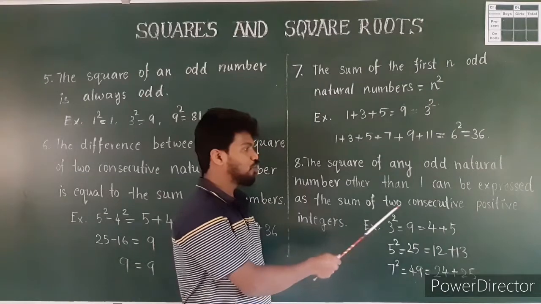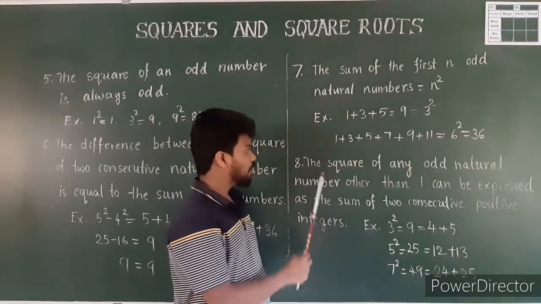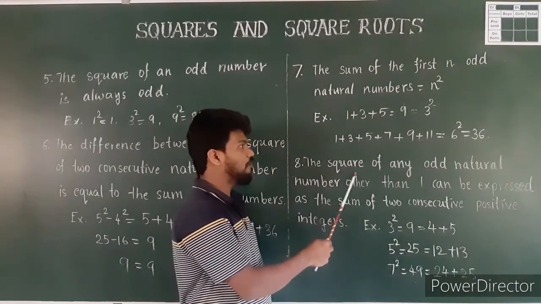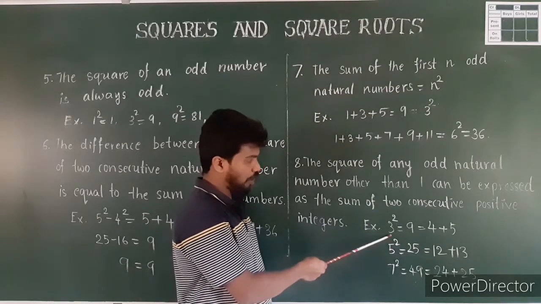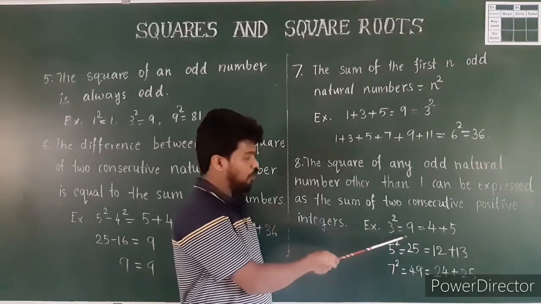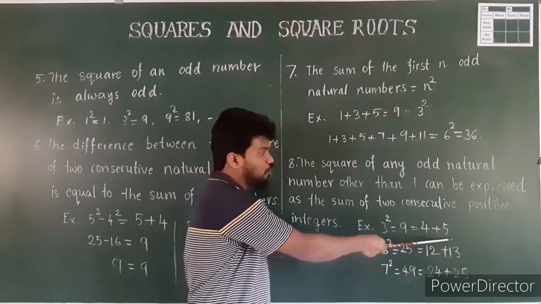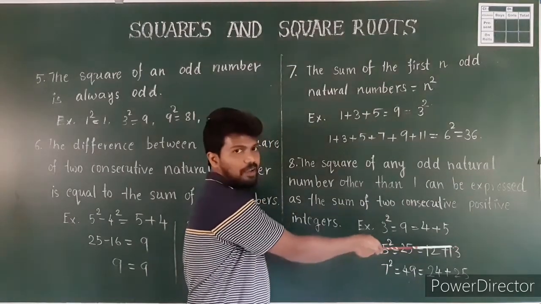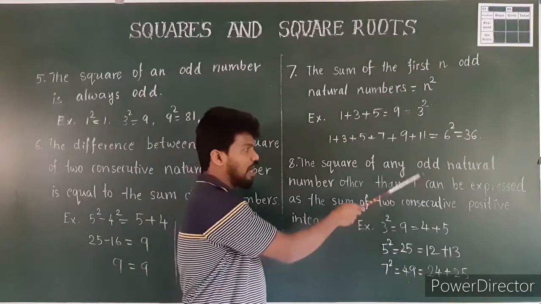You see that 3 square, this is odd. 3 square you get 9. So 9 can be written as the sum of two consecutive numbers, 4 plus 5. Other than 1, you can't write 1.